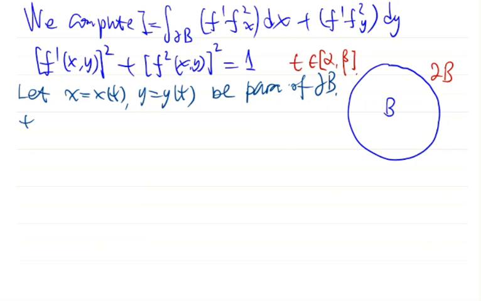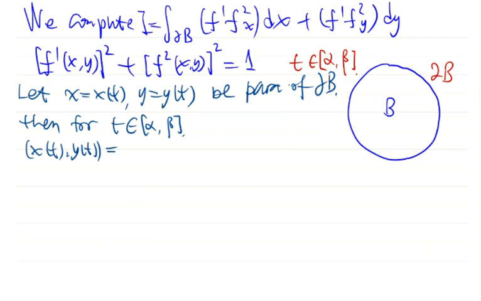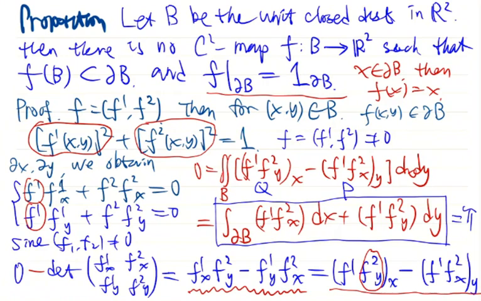Then for t in the interval, (x(t), y(t)) is f(x(t), y(t)). Because our map f satisfies this condition, it is the identity map on the boundary. So if a point is on the boundary, the image of this point under our map f is still itself.